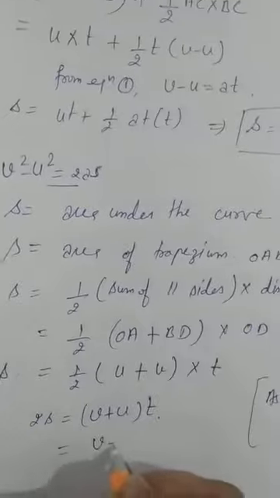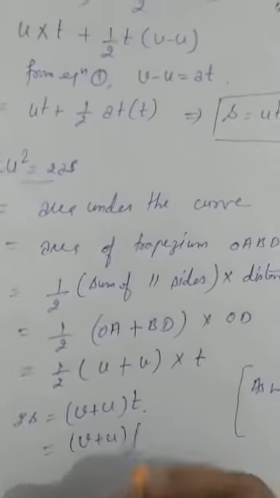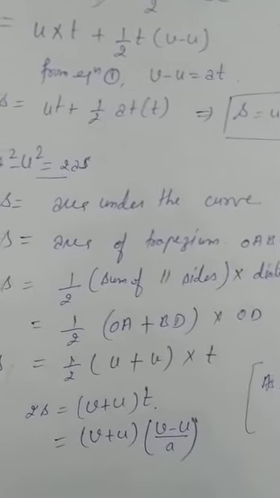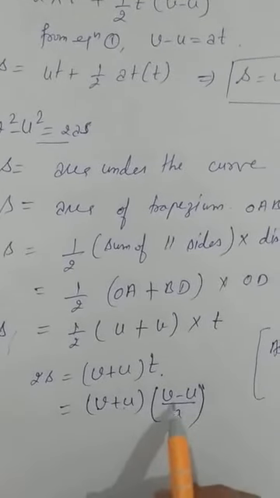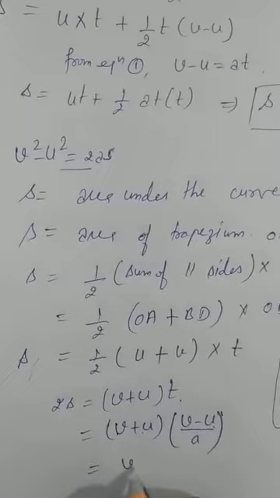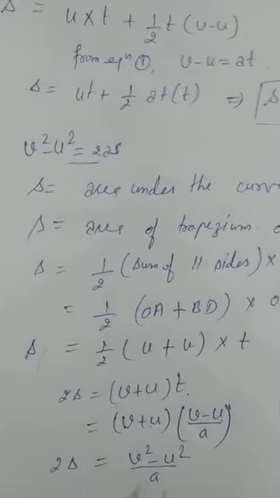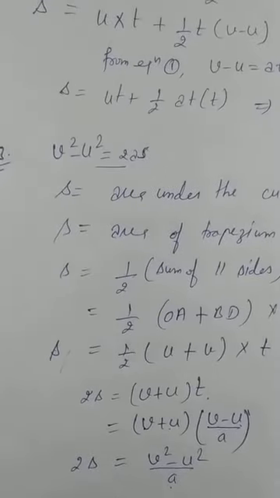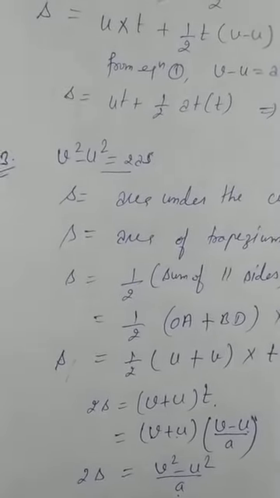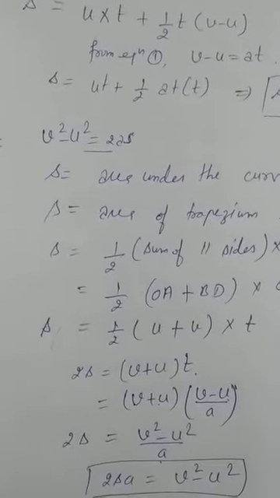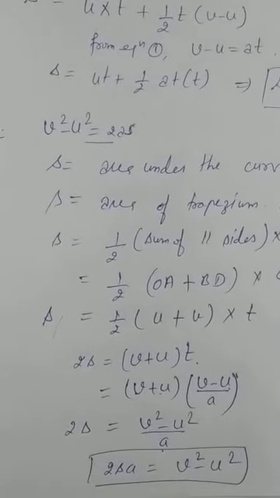Put the value of t here: v plus u into v minus u by a. Now a plus b into a minus b gives v square minus u square by a, equal to 2S. Now take this a to the other side: 2sa equals v square minus u square. This is our third equation of motion.